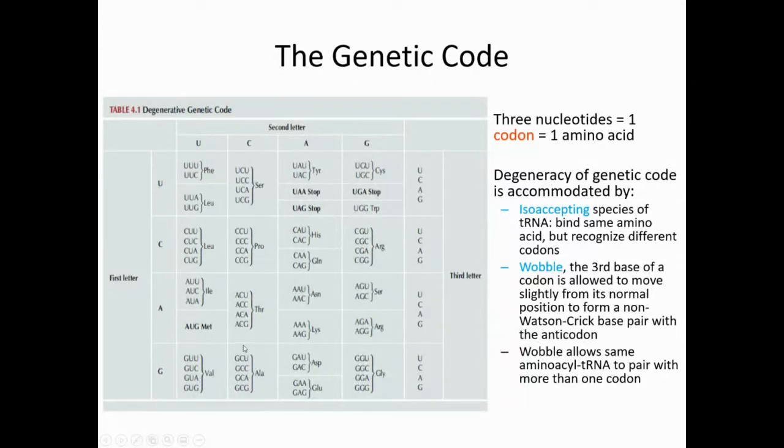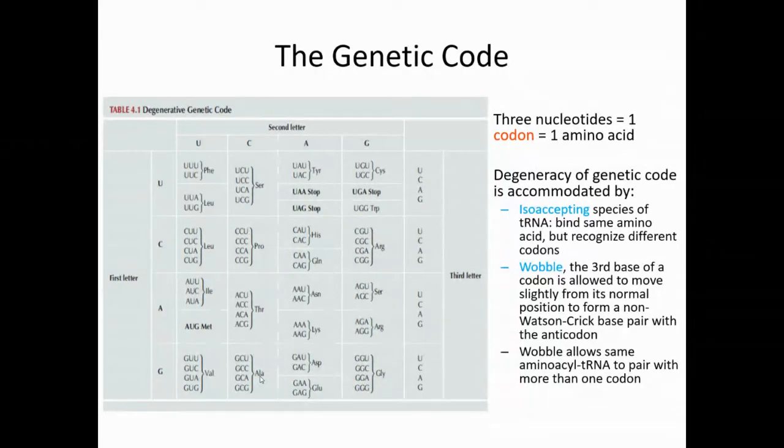So you have 4 different codons encoding one amino acid, right? That's degenerate. Each amino acid, like alanine, can have more than one codon, all right?